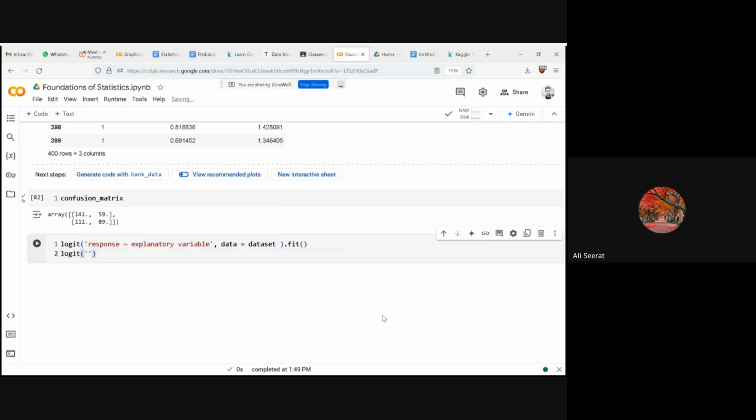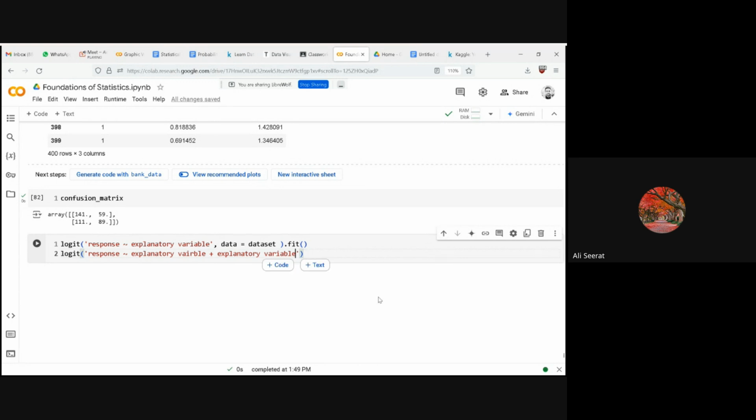Now, another type of logistic regression is where the response variable, we want to examine it based on the explanatory variable plus another explanatory variable.